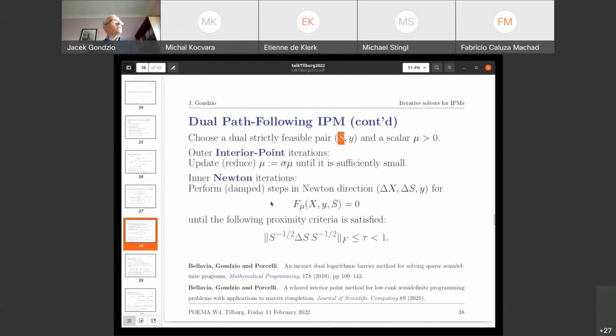So I think there is room for looking at interior point methods and asking yourself how much of the optimality conditions, how strict should we be about imposing optimality conditions? Maybe some of them could be relaxed, could be just ignored, and the method would still behave well in practice.